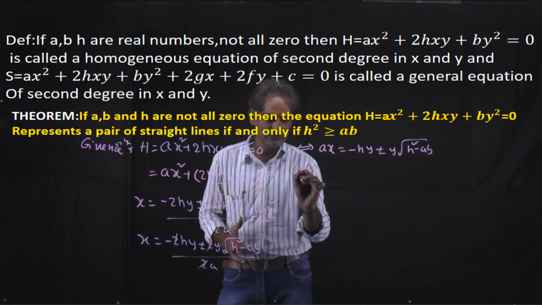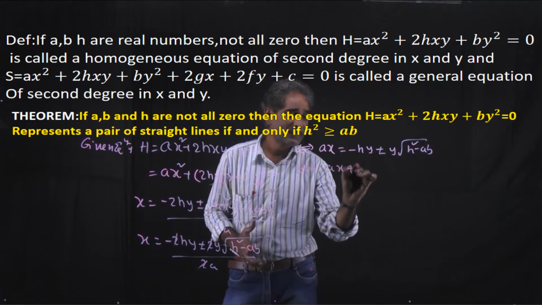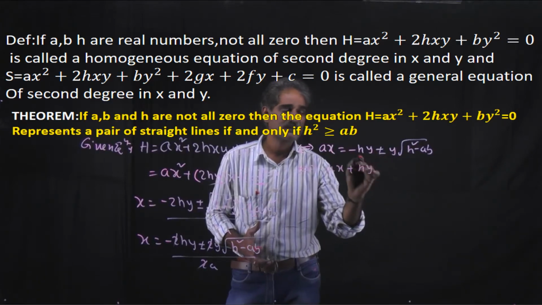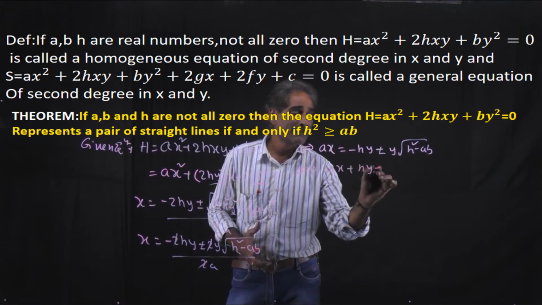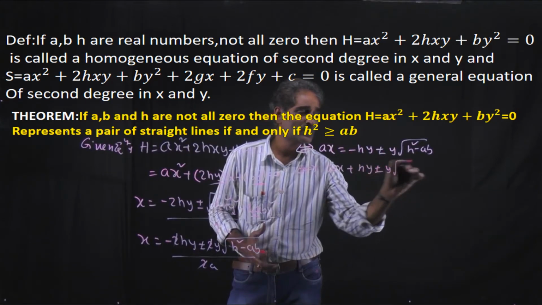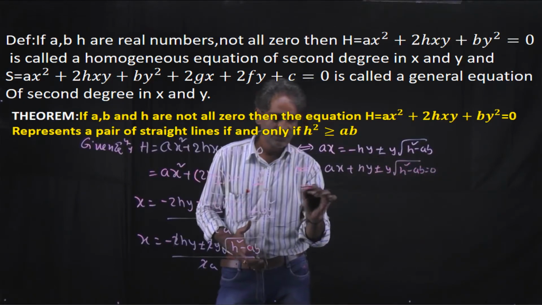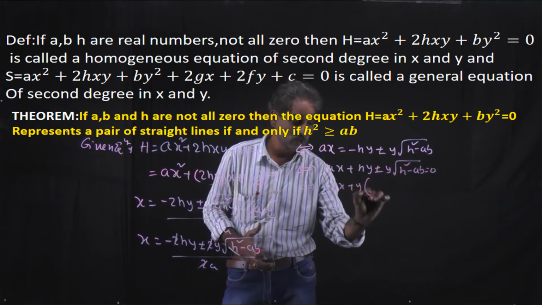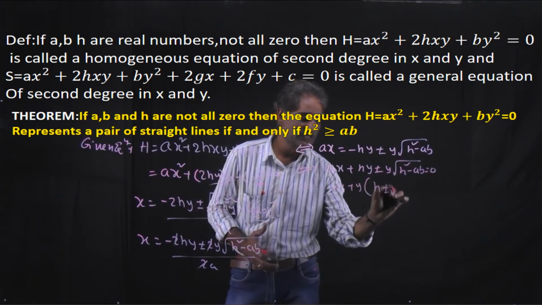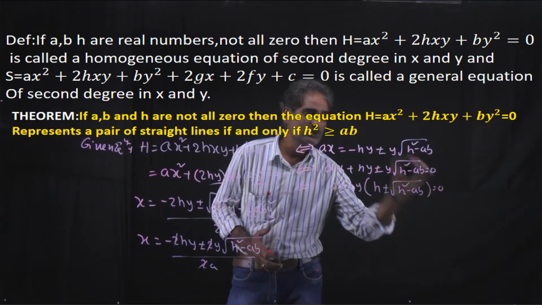So observe that ax plus hy plus or minus y into root of h square minus ab equals 0 if and only if ax plus y into h plus or minus root of h square minus ab equals 0.